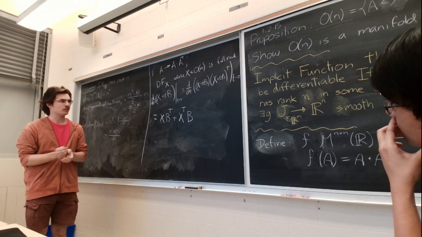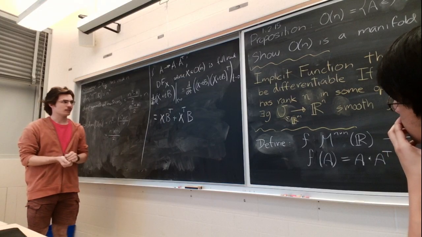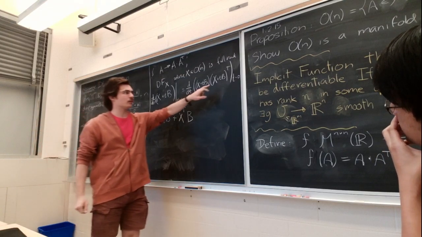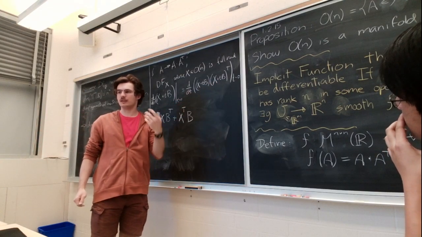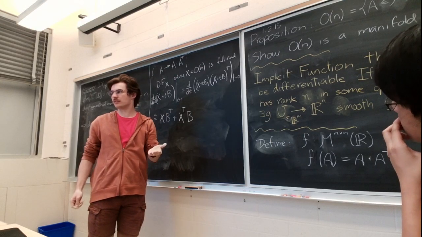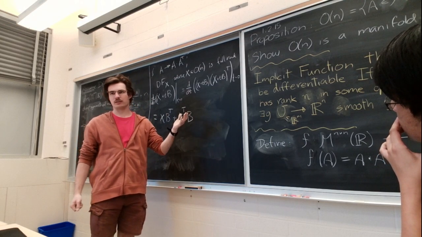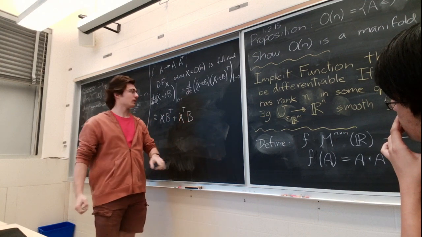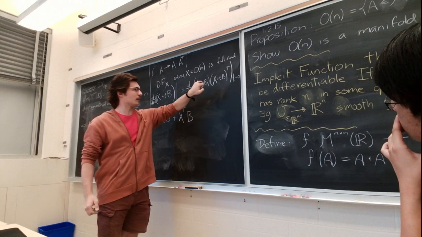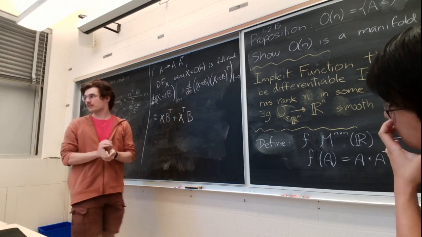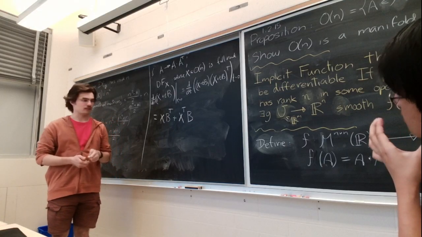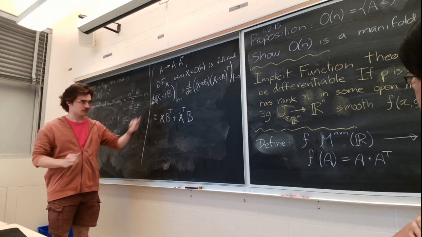This is literally just, if I take a derivative with respect to t, the derivative of t is 1, the derivative of a constant is 0, the derivative of t squared at t equals 0 is 0. So just this times this plus this times this. And yeah. Okay.